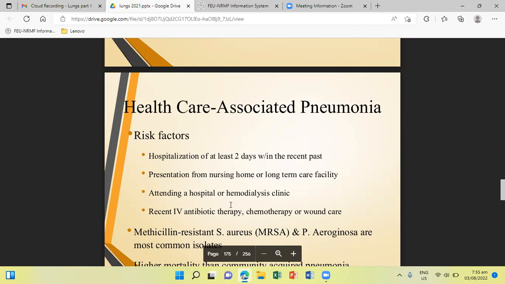Hospitalization of at least 2 days within the recent past is an important history that you should look into. It may also occur in a nursing home facility, hemodialysis clinic, or in patients with IV antibiotic therapy, which may actually connote contamination.